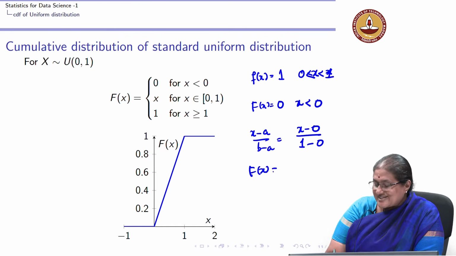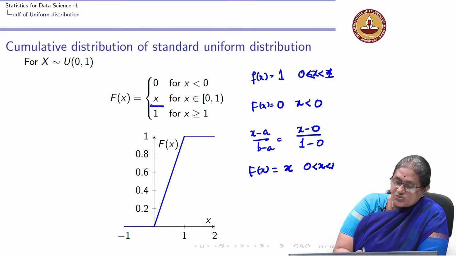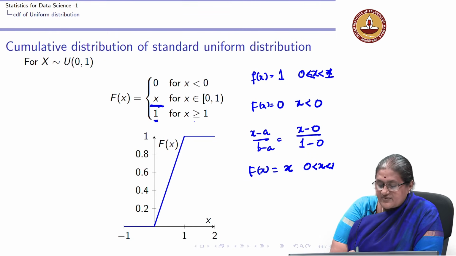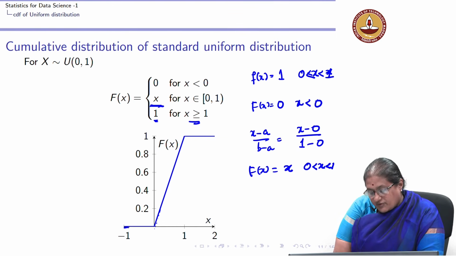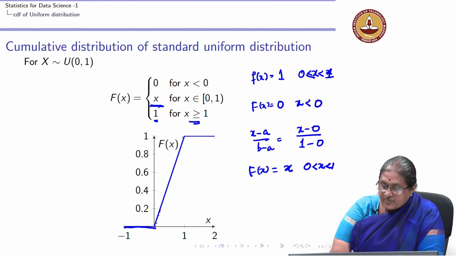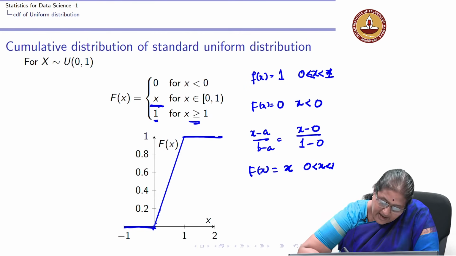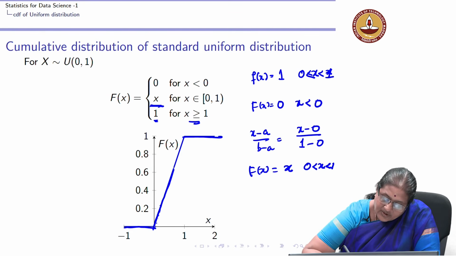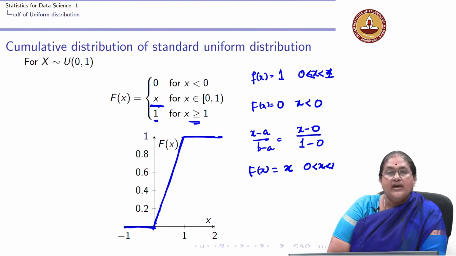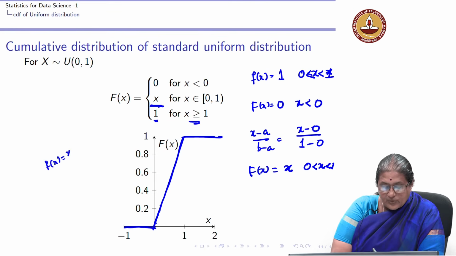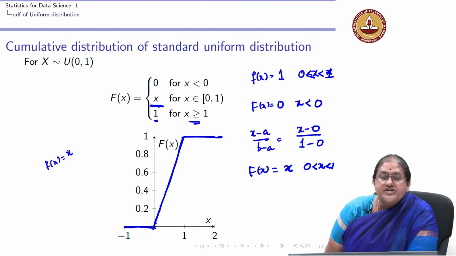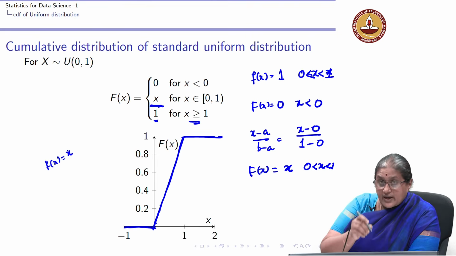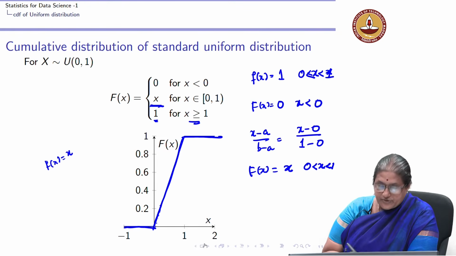F of x takes the value x for 0 less than x less than 1, and f of x takes the value 1 for x greater than or equal to 1. So for x less than 0 it is 0, for x greater than 1 it is 1, and for x lying between 0 and 1, F of x takes the value x. This is the cumulative distribution function of a uniform and a standard uniform distribution.